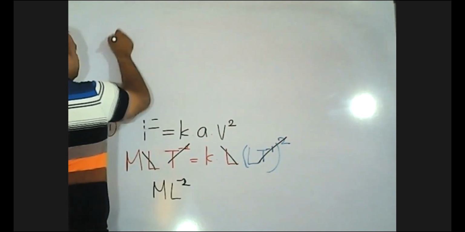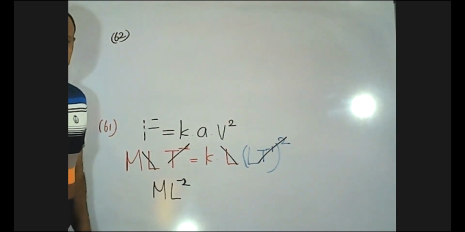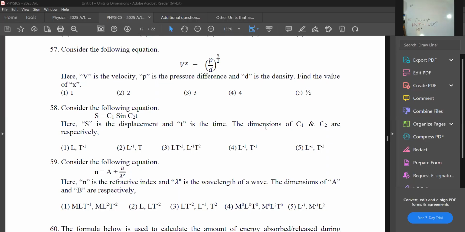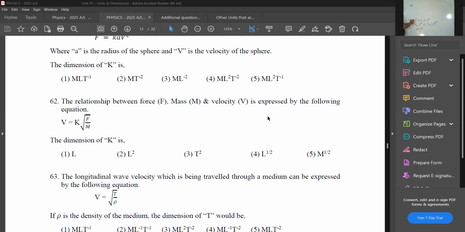Look at this. Here, V equals k into the square root of F over M. We are asked to find k. I think it is easy to square both sides.